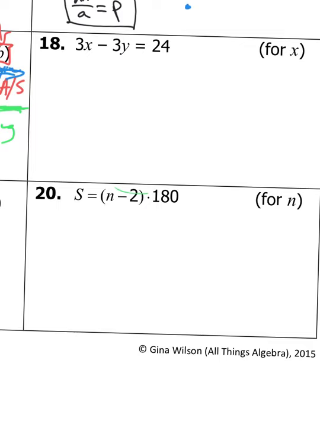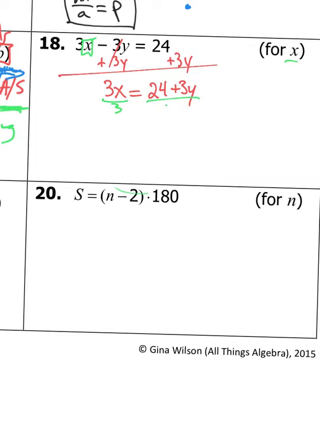All right, now I'm going to get the x by itself, right? So again, opposite of PEMDAS, I'm going to look if I can add and subtract anywhere to get the x more by itself. And yes, I can. So I get 3x equals 24 plus 3y, divided by 3.